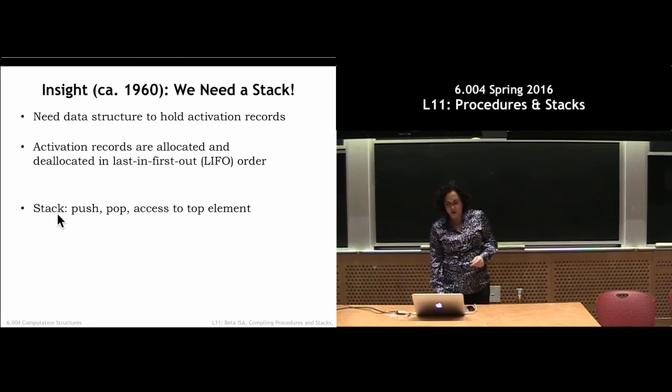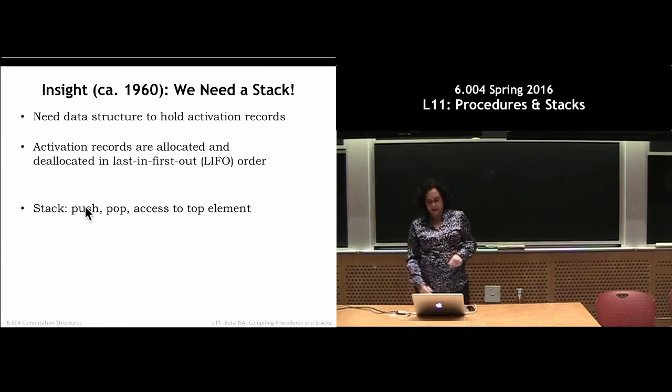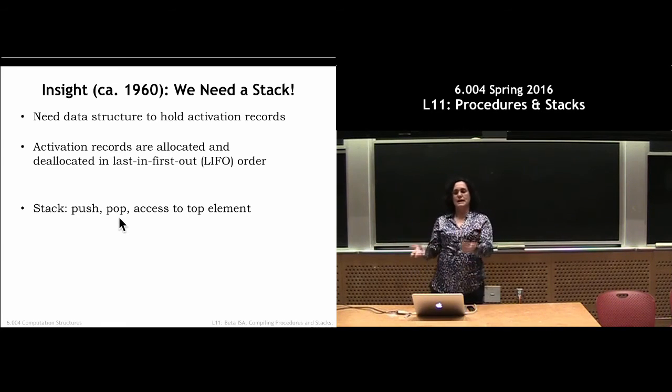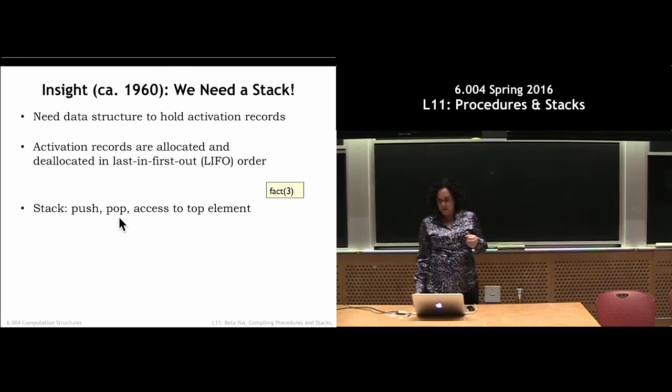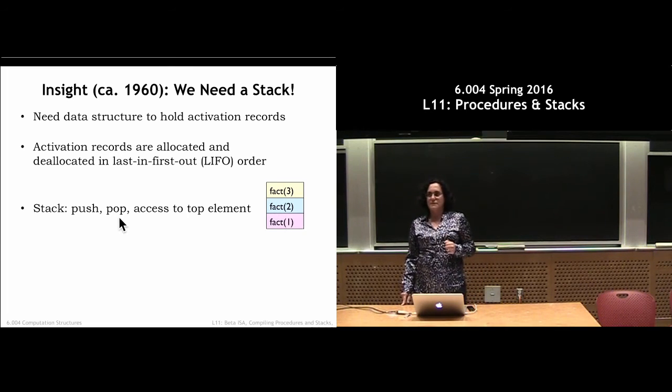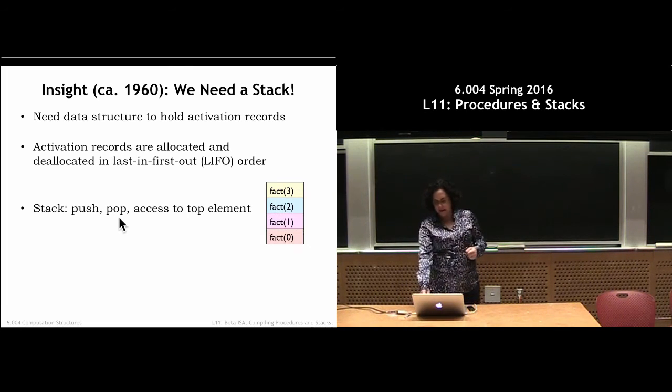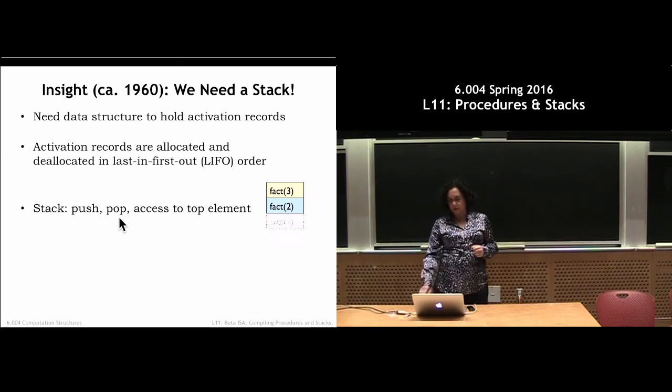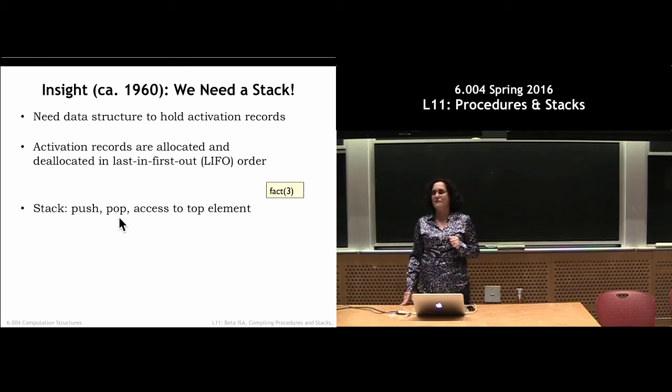You have a push operation, which puts something onto the stack, and a pop operation, which takes the top element of your stack and takes it off the stack. So, for example, if we have this factorial 3, we would then put factorial 2, factorial 1, and now it's going in reverse and taking it off the stack.